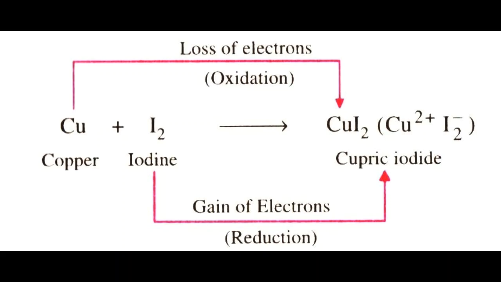It underwent oxidation. So copper is the reducing agent here. Iodine, the non-metal, gained electrons. It has undergone reduction to form an anion. So iodine is the oxidizing agent here. Please try to understand the difference. You will not need it in this class, but it is better that you learn it at this stage.